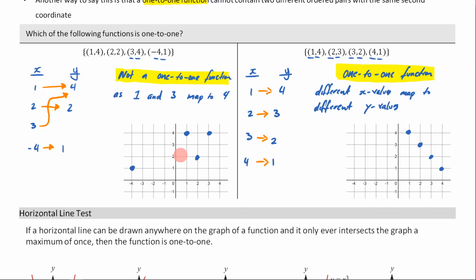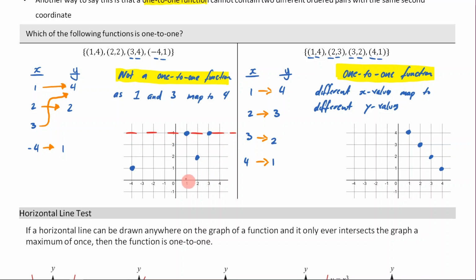So in the previous lesson, when we talked about functions, we saw that there was a graphical way of testing whether or not something is a function, and that was using the vertical line test. Well, looking at what we have here, do you see something that could tell us whether or not we have a one-to-one function? And hopefully you can see over here, do you see how horizontally both of these line up?